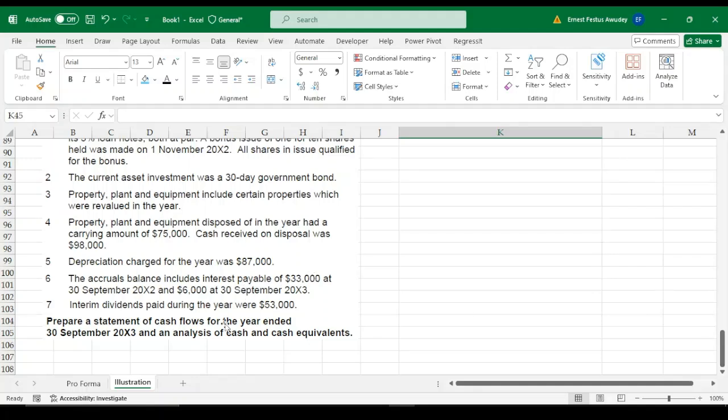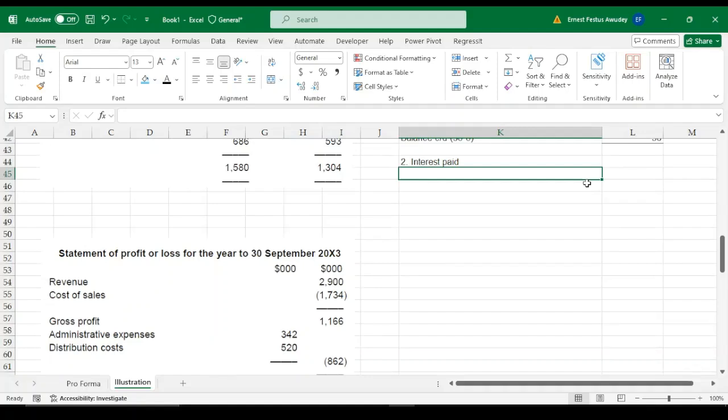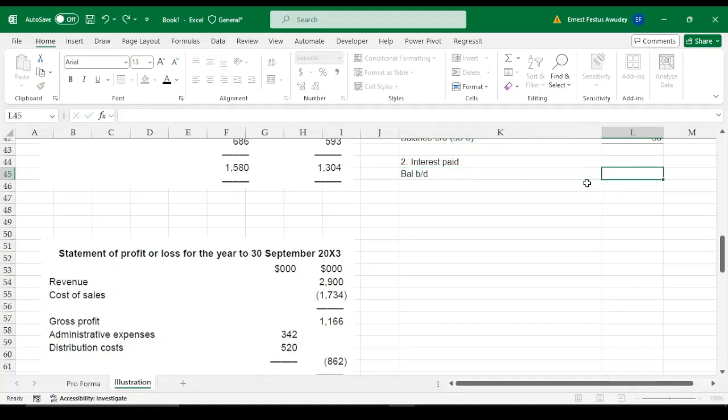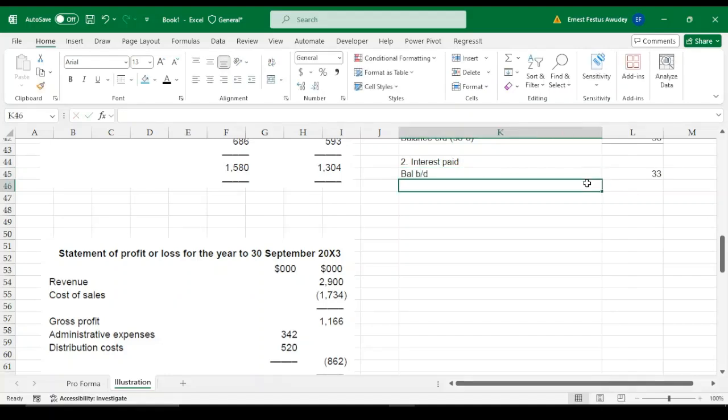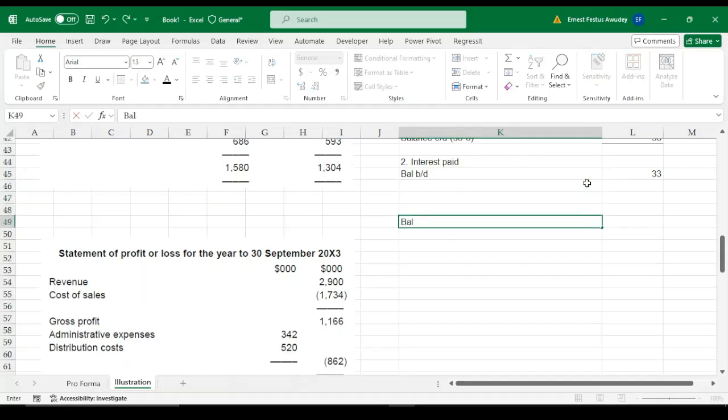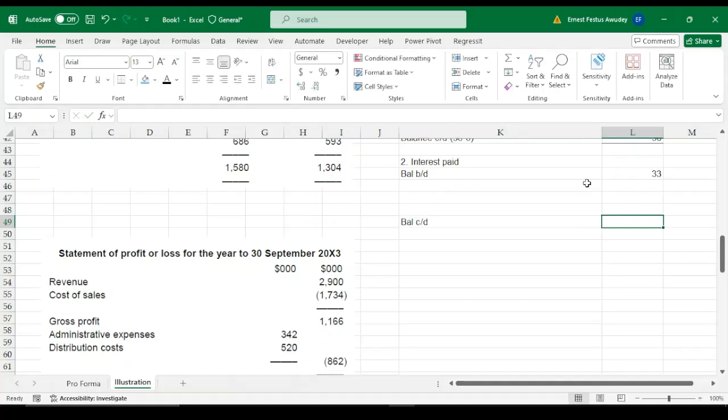And then at the end of the period is 6,000. So I'm going to put that right into our calculation. So we have balance brought down, and that is 33. And then I'll come here and put balance carried down, and that is 6 right there.